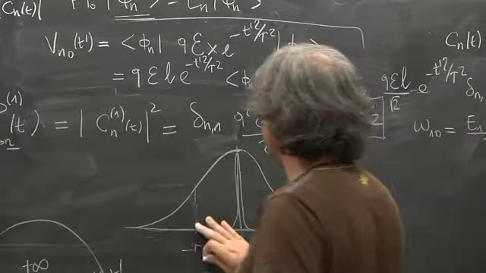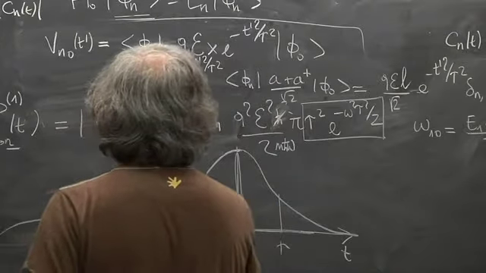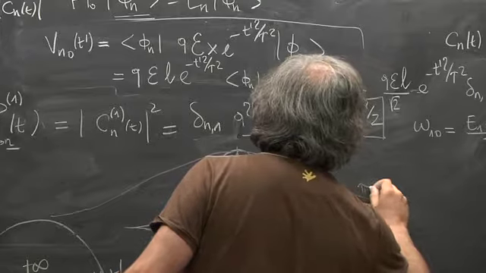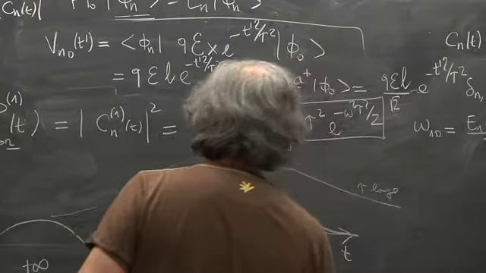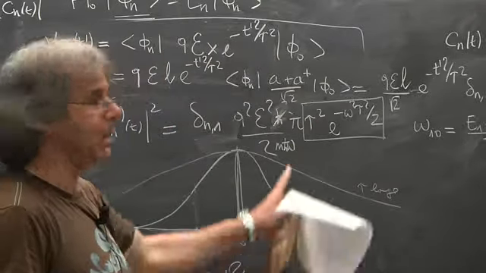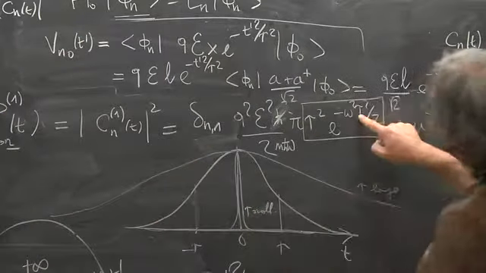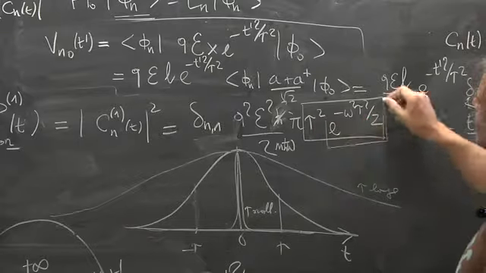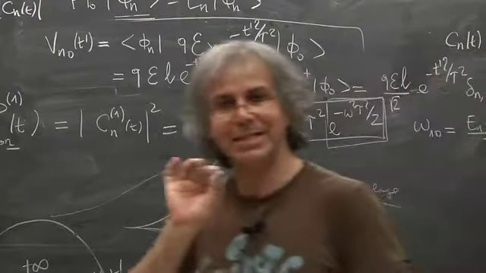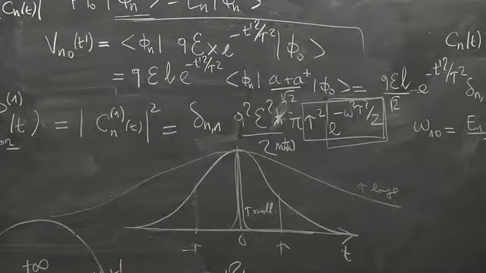But if tau is very large, it means I do a very adiabatic turning on and off. So this is tau large, and this is tau small. Then also I have a small probability, because now what makes the result small is this exponential. So this probability of excitation is small, both if I do it very fast and extremely slow. In the middle, it's larger.